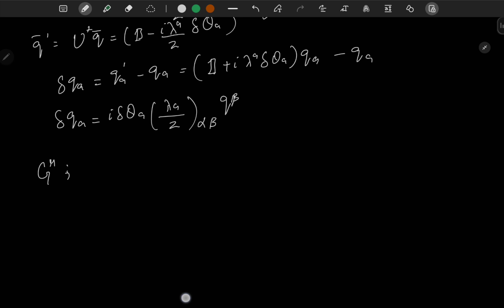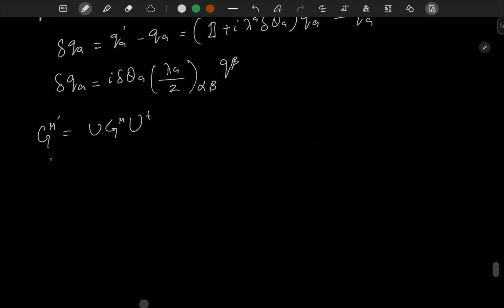So g of mu, which was our auxiliary field in the QCD case, the primed version can be written like this: g mu prime equals u g mu u dagger.